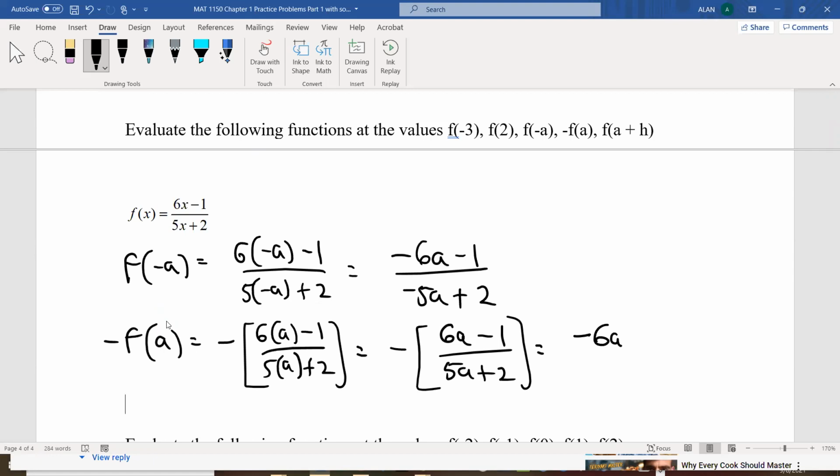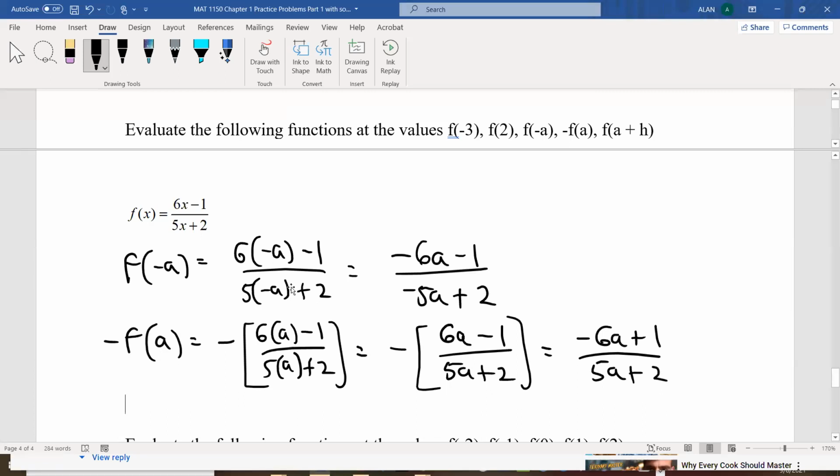Oh, actually, you know what? Let's just leave it like this. This is fine. But if you did, all right, I'll show you what it would have looked like. Either one is fine.